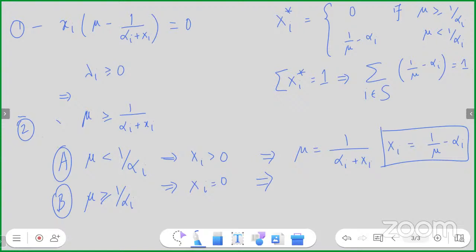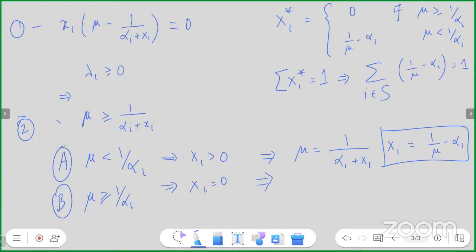Can someone tell me, if I give you this and ask you to implement it, how do you implement this solution? Is everybody okay with the solution we got so far? Do people see the difficulty?